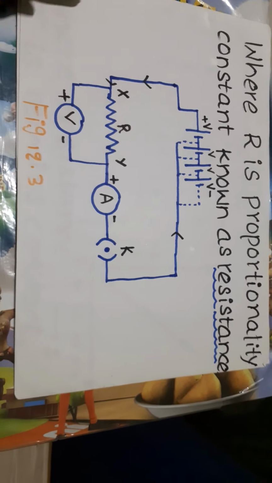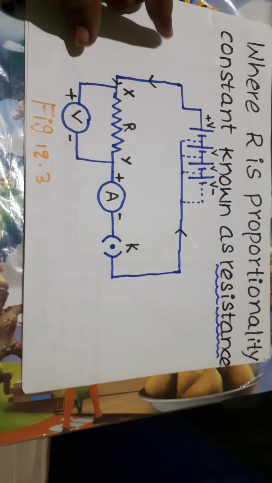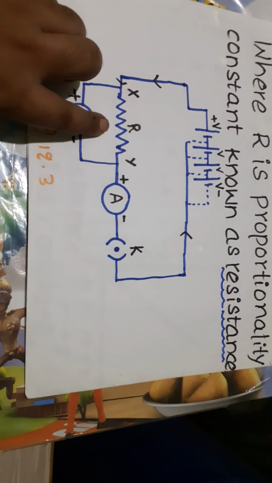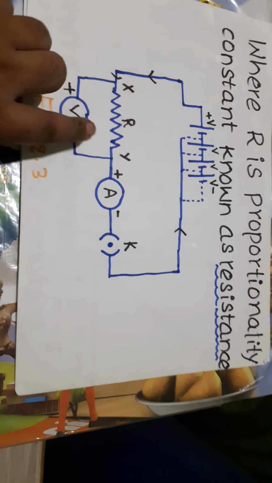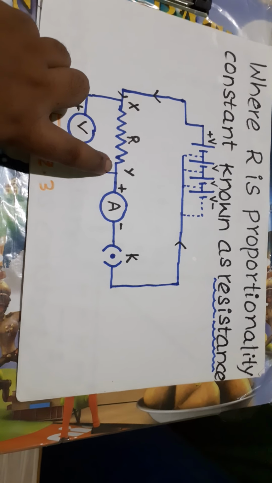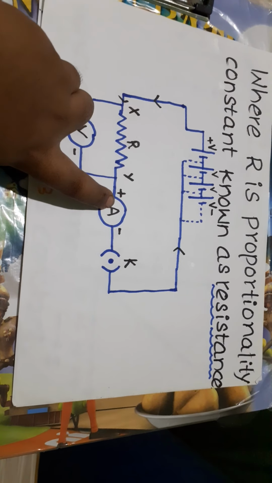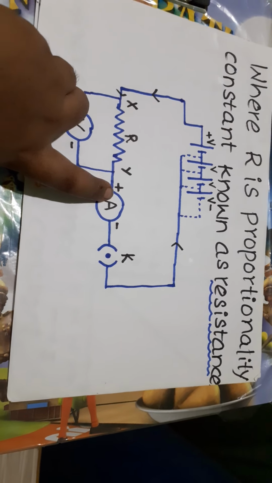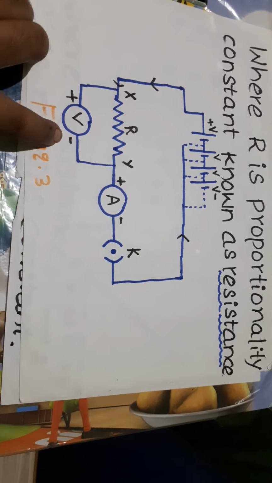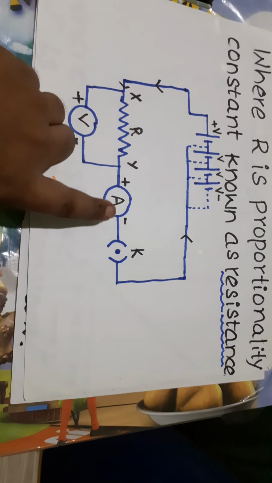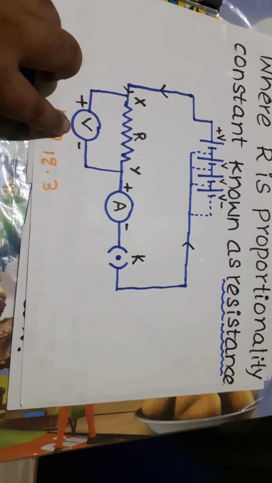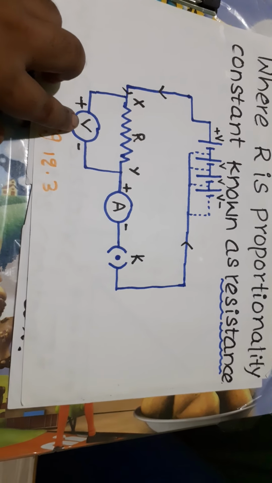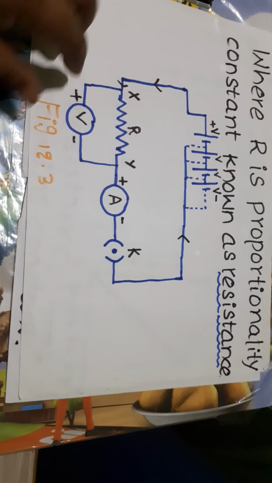So I am taking a simple circuit to understand Ohm's law. This is the conductor XY of resistance R, connected in series to the ammeter and in parallel to the voltmeter, to measure the current using the ammeter and the potential difference using the voltmeter.